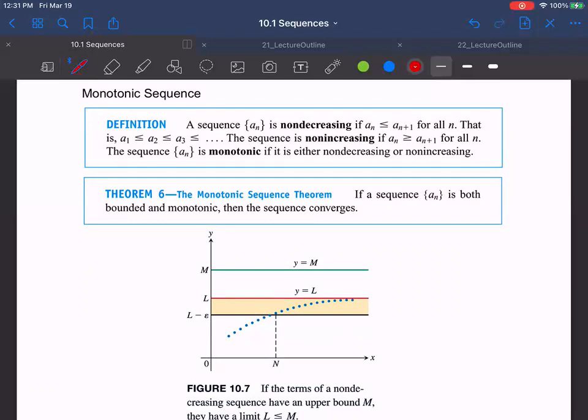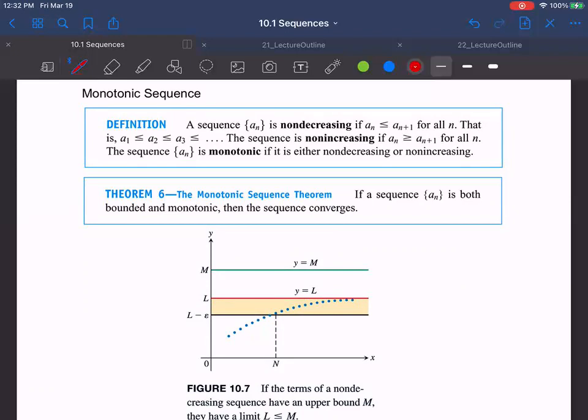So non-increasing means it's always decreasing or constant. And non-decreasing means it's always increasing or constant. Well, we can have a sequence that is always either non-increasing or non-decreasing. If that is the case, we say the sequence is monotonic.